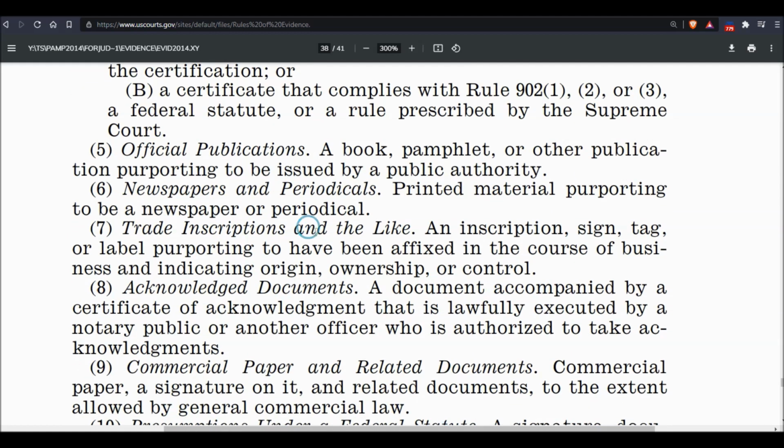Trade inscriptions and the like. An inscription, sign, tag, or label purporting to have been affixed. Whenever you authenticate that birth certificate, they tell you, I have hereto affixed my seal, and so on. Trade inscription and the like. That's regarding commercial activity, affixed in the course of business and indicating origin, ownership, or control.